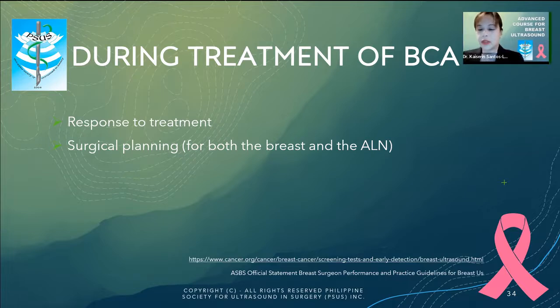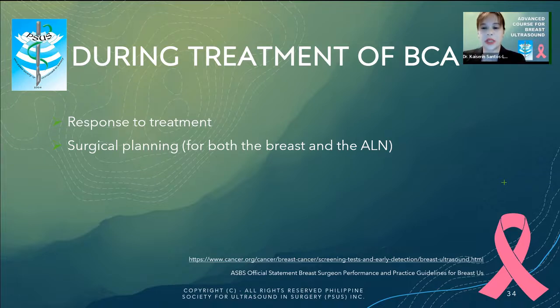My last few slides are actually no longer at point of use, but these are two important times when we surgeons have to pay attention to the ultrasound results of our patient. One is during the treatment of invasive breast cancer when they are undergoing neoadjuvant chemotherapy and targeted therapy. Ultrasound will document their response to treatment, and ultrasound will also help us plan our surgery.